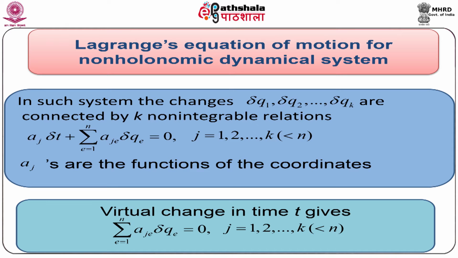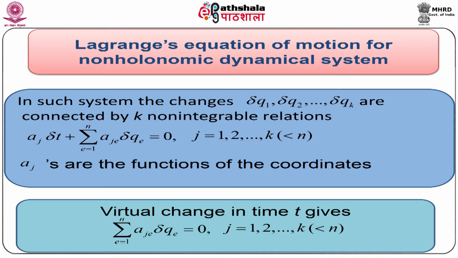This is valid for j equal to 1, 2 up to k. k must be less than n. Here n is the number of degrees of freedom and k is the number of constraint relations. So k must be less than n. a_j are functions of the generalized coordinates.